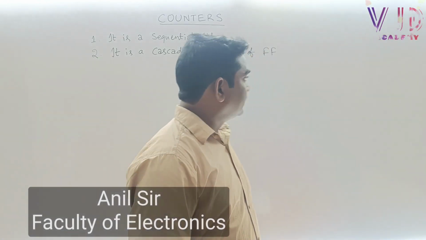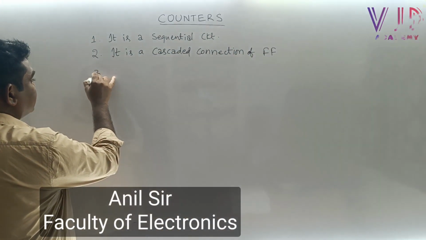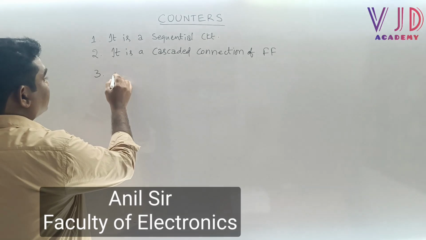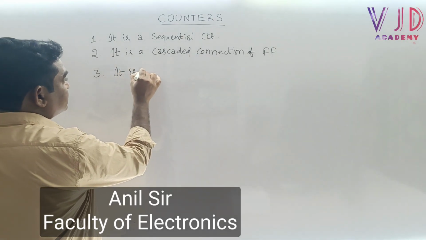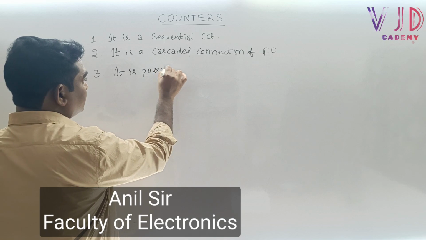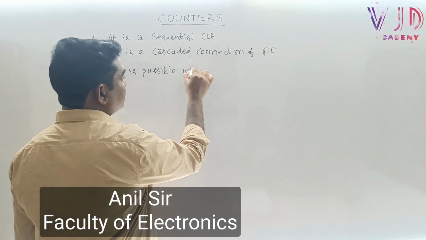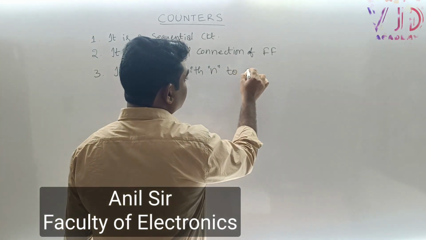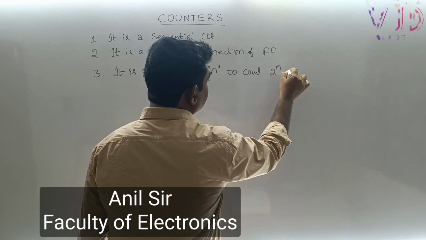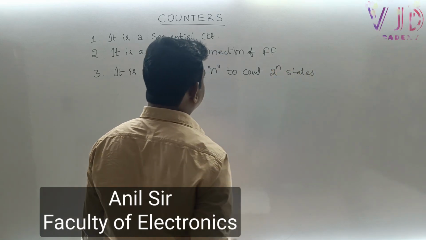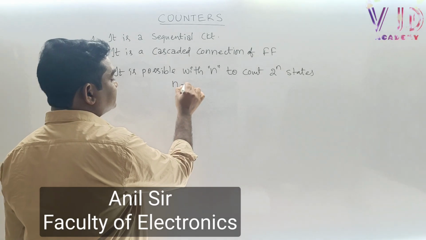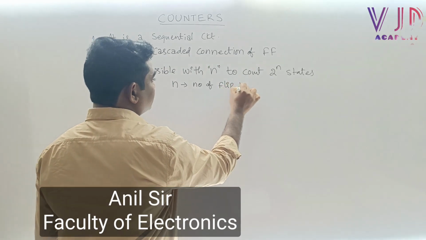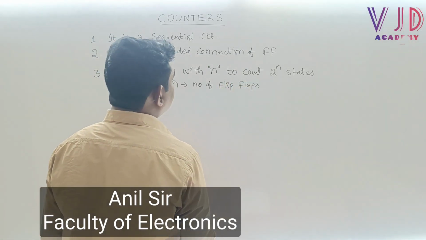And now the third point of counters is to count a number of states. It is possible with n flip-flops to count 2 power n states, where small n is the number of flip-flops. What is the meaning of it?